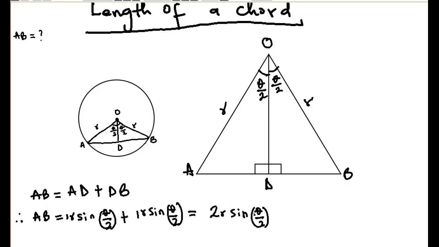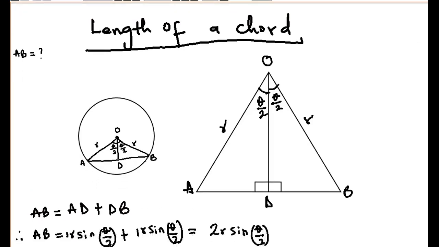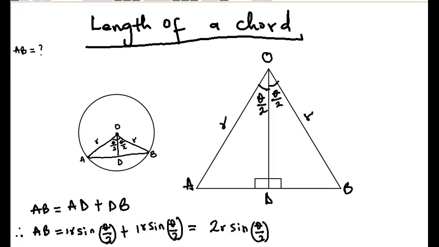I could not do it in class because it might take time. Some of you might be asking how come this formula. So you've seen how it was derived. Yes, it was derived just this way. So the length of a chord is 2R sine theta over 2.